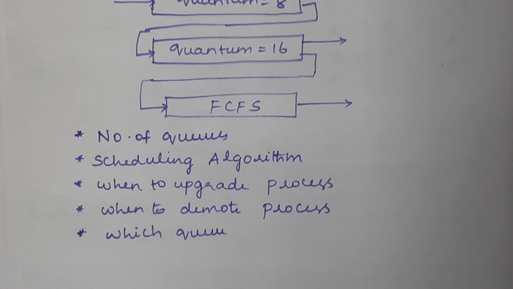As I told, there are many different levels of queue, and each queue maintains different types of process, right? So we have to mention which queue will hold the higher priority, which means the first level. That decision also has to be taken, and it is treated as one of the parameters for this multi-level feedback queue scheduling. So these are all the things we need to know under multi-level feedback queue scheduling. Thank you.